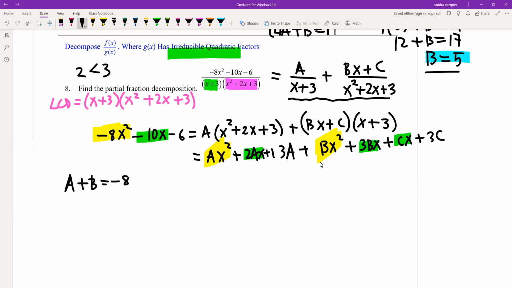So then that will be 2a plus 3b plus c. It's equal to negative 10. Okay, last I need to equate the constants. That's a 3a, not a 13a, 3a, and a 3c is equal to negative 6.